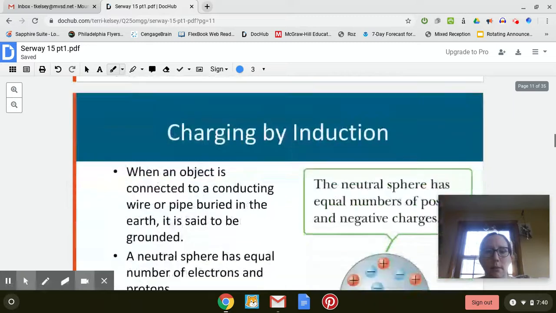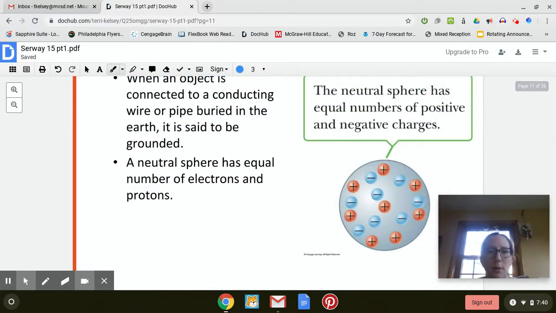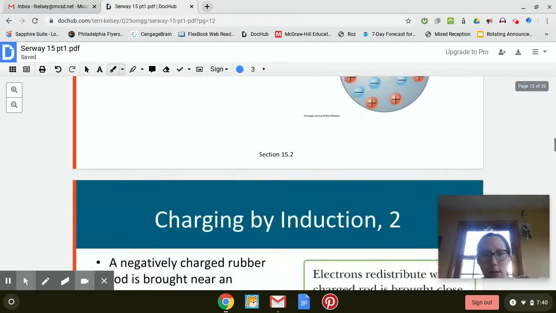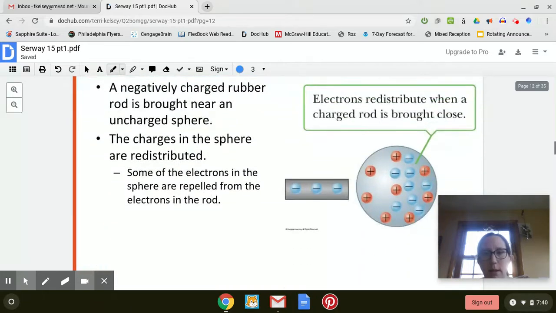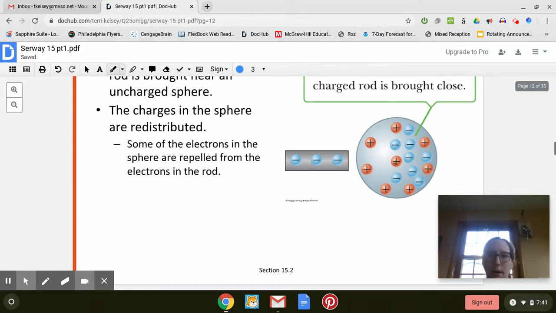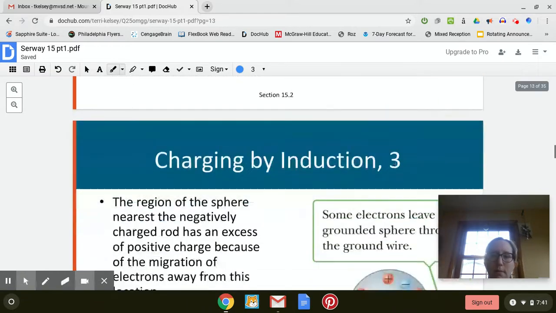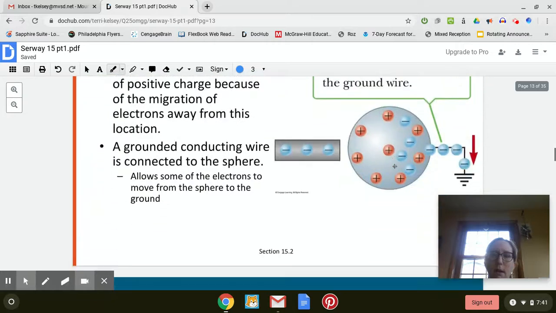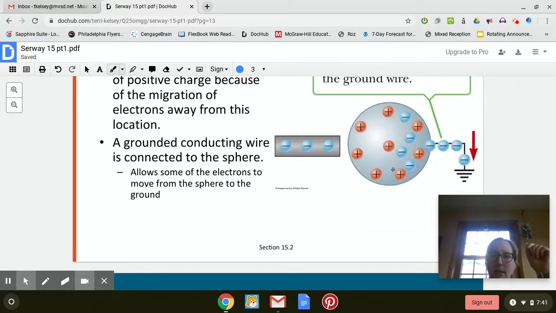And then we have charging by induction. So this way there's no actual contact. Okay, so this is again polarization. And we kind of talked about this a second ago. So I'm bringing a negative object next to a neutral object. Okay, and what's happening is the negative charges are being pushed to one side. If I then ground this object that I polarized, okay, the negative charges will march away.